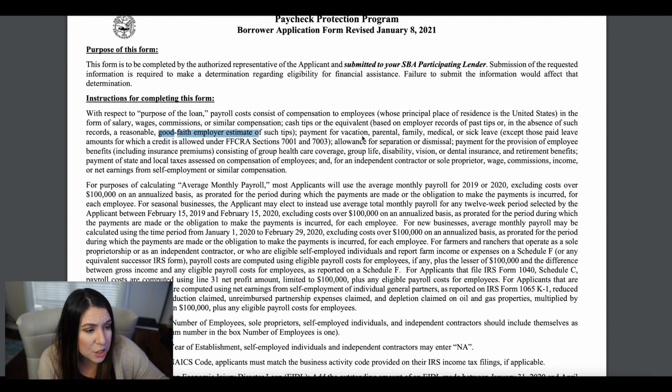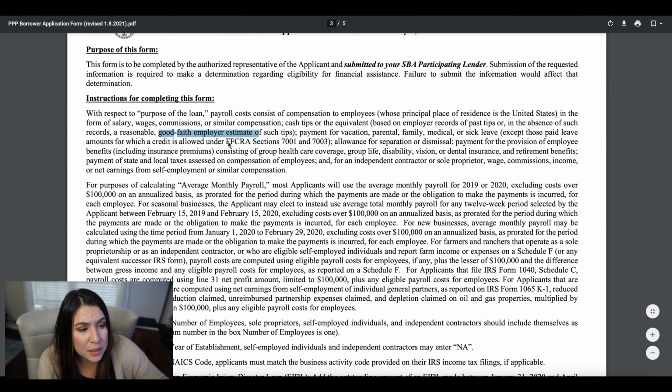It includes vacation time, parental family leave, medical leave, sick leave, allowance for separation or dismissal, payments for the provision of employee benefits, health groups, disability, vision, dental, retirement, and then your local and state taxes on compensation of employees.